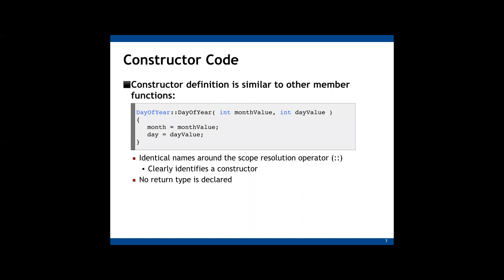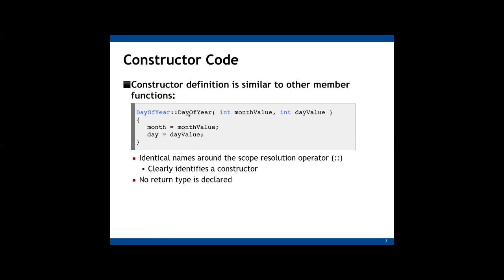We saw the declaration of the constructor. Now let's look at the definition of the constructor. The definition of the constructor is nothing special. The constructor can be defined in the same way as we do for ordinary member functions. As you can see from this example code, we put the name of the class where this constructor belongs to, and then the scope resolution operator, and then the constructor name, which should be the same as the class name.